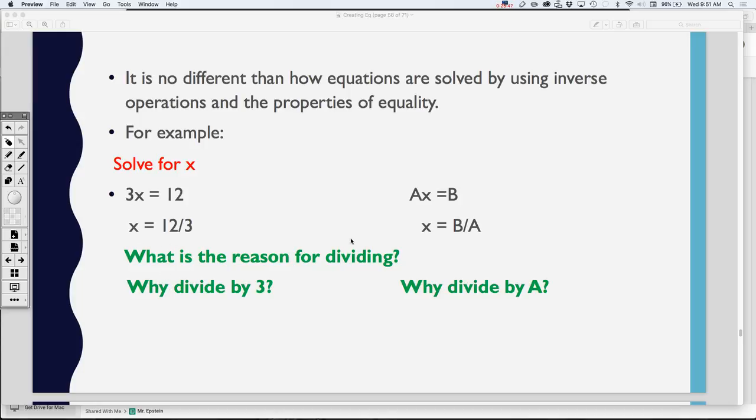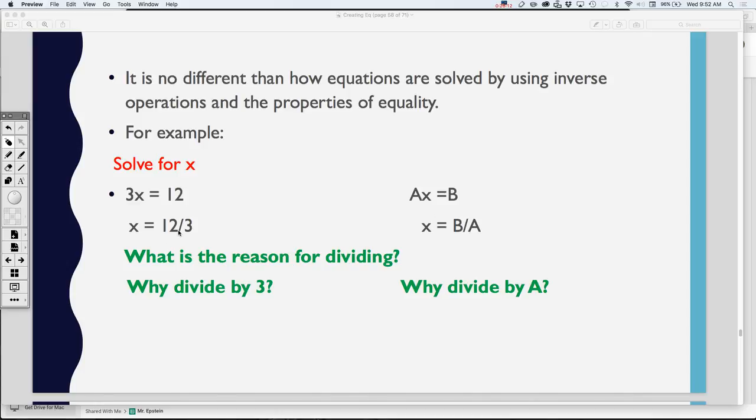Instead of 12, what do we have, guys? A b. How would I get x alone if I'm solving for x? Divide by a. So you would leave it as b over a. So it's the same thing as having the 12 over 3. We're just going to leave it as b over a instead.